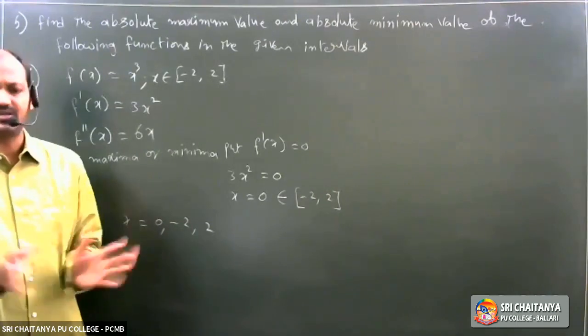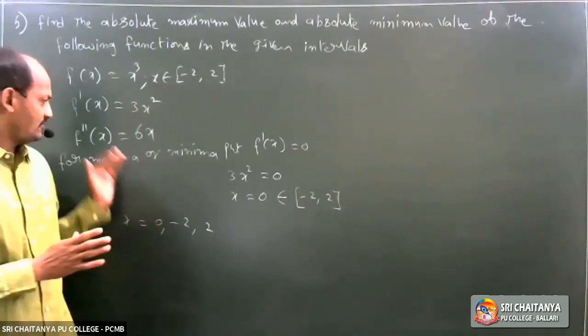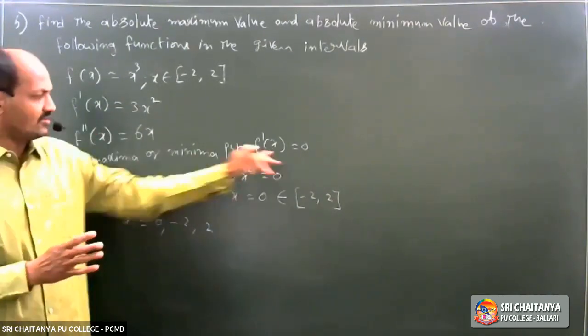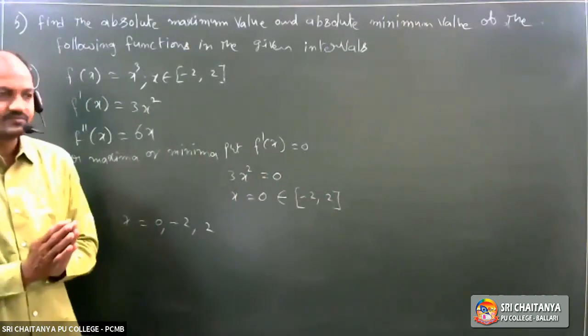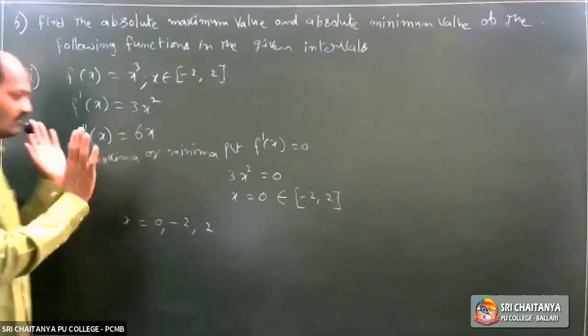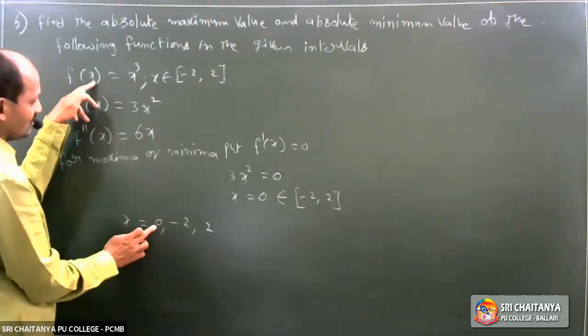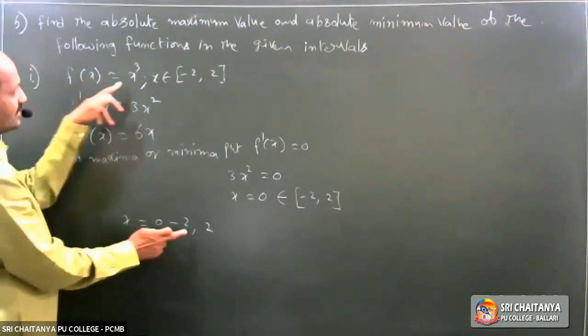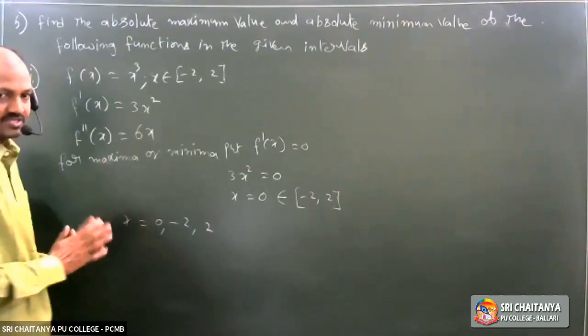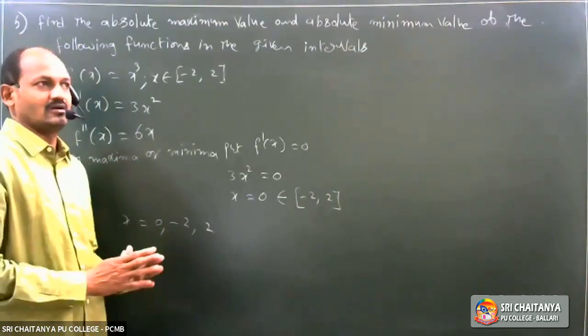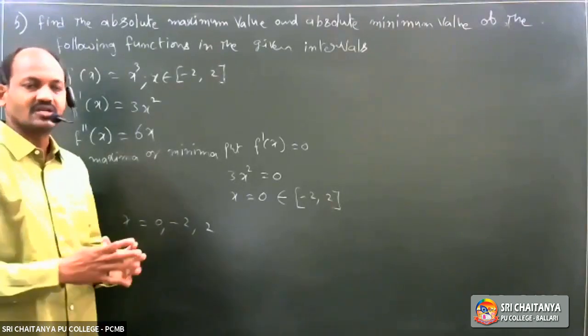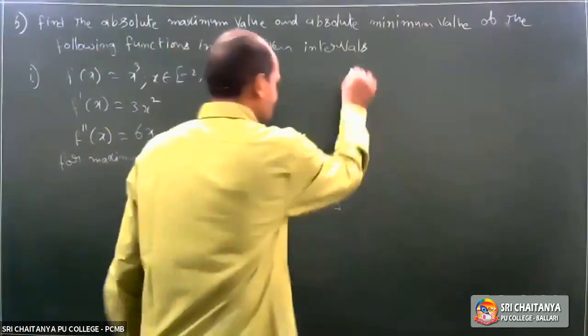Here no need to find. Find first order derivative equal to 0, x equal to 0, that value is in between given intervals. Then directly we have to find f of 0, f of minus 2, f of plus 2. Which one is least? It is absolute minima. Which one is maximum? It is absolute maximum value.